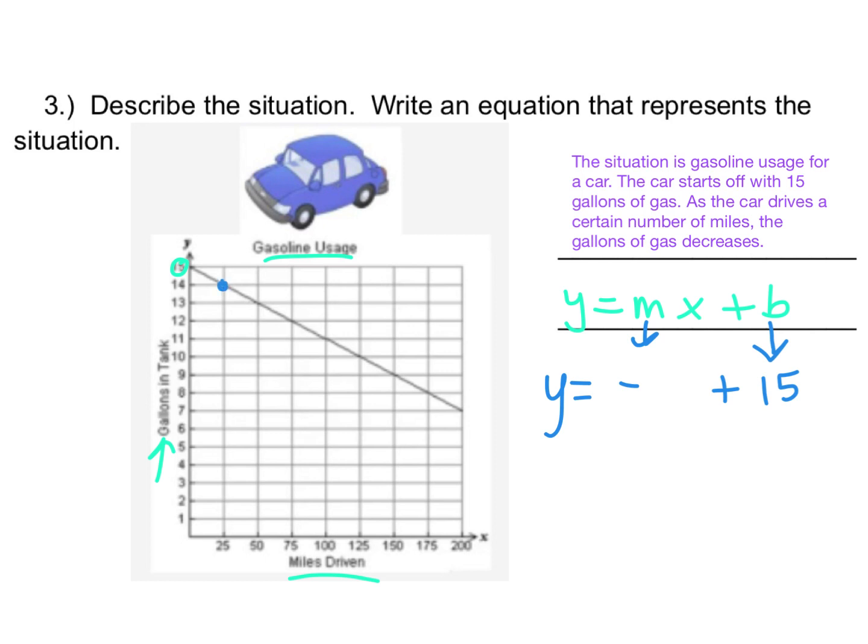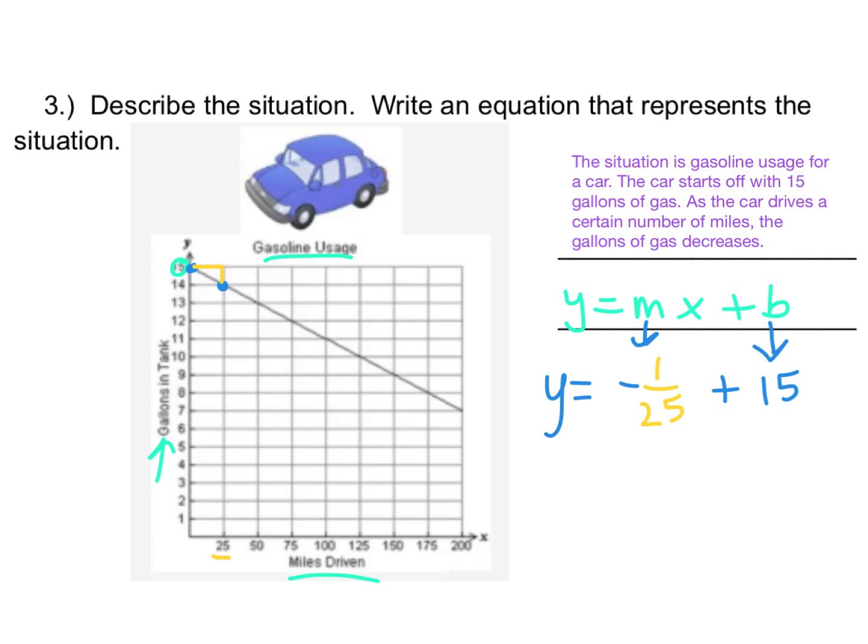So I'm going to go here and here are 2 good points, and then I make that slope triangle. It rises 1 and runs 25. I can see each block is skip counting by 25.